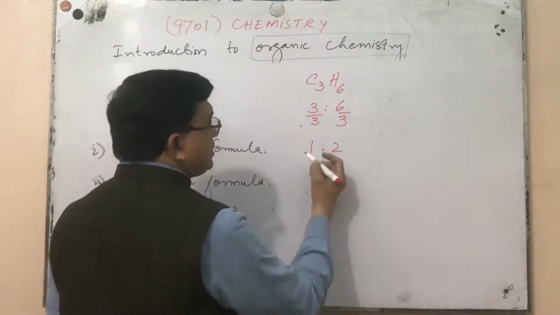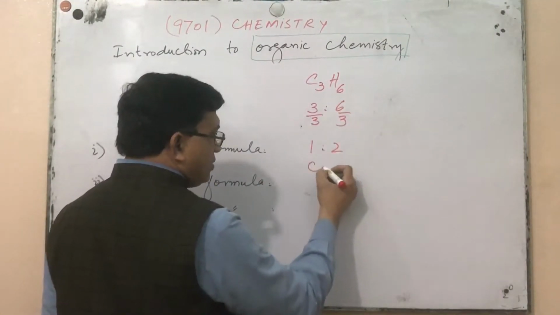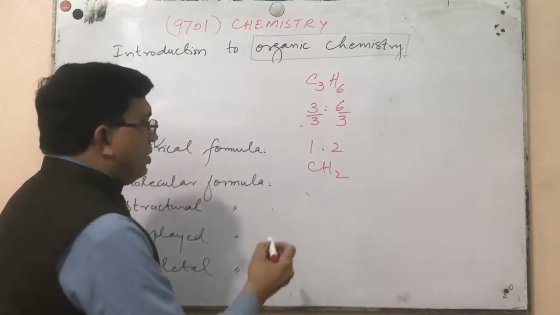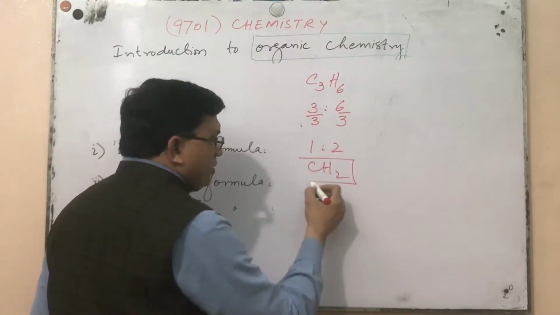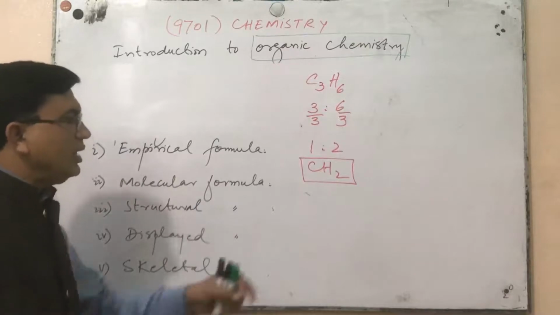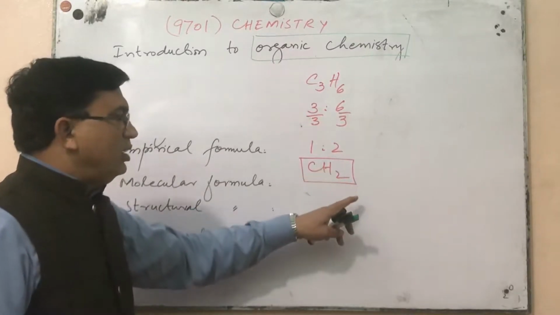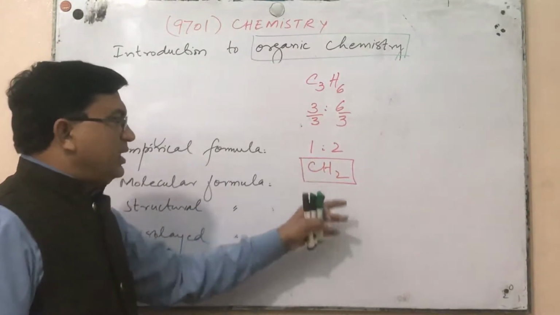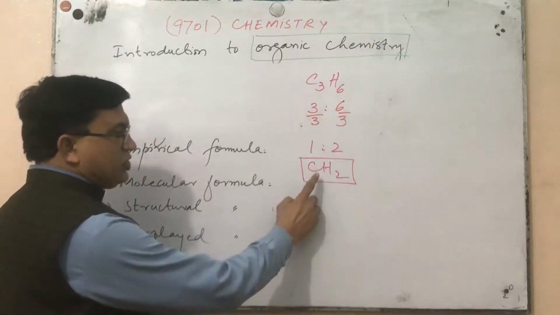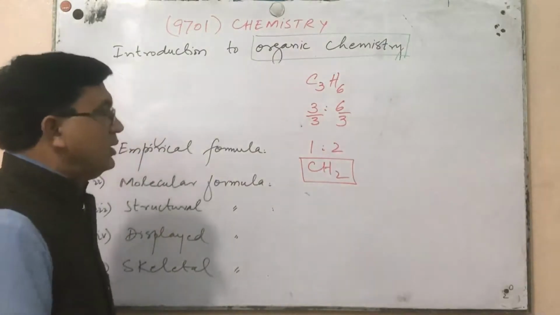On the basis of this, I can write the formula CH2 for propene. This formula, which shows the simplest ratio between atoms of a compound, is called the empirical formula.